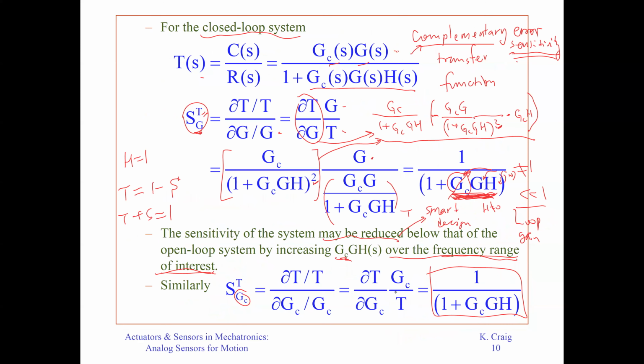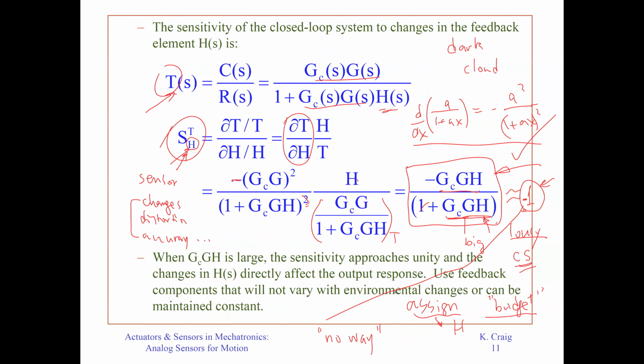But in the closed loop setting, the story is different. We have a handle, I use the word handle, a knob, we can tune the sensitivity by increasing the control gain.